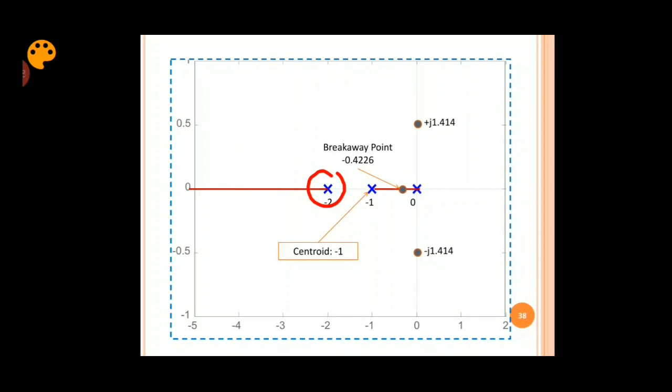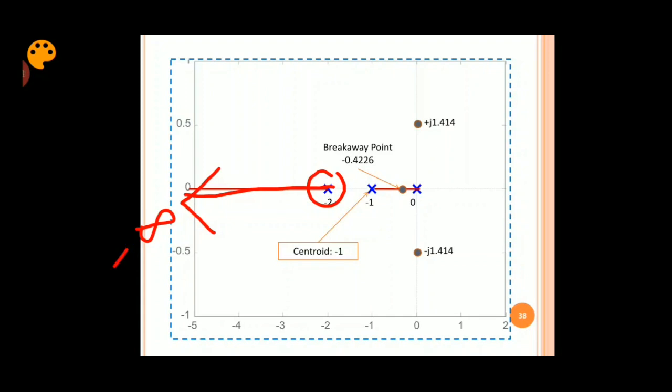As you can see, to the left of this pole, the part of the real axis is RL as well. It is very clear that the branch starting from the pole at minus 2 goes along the direction of 180 degrees and goes to infinity, towards minus infinity.